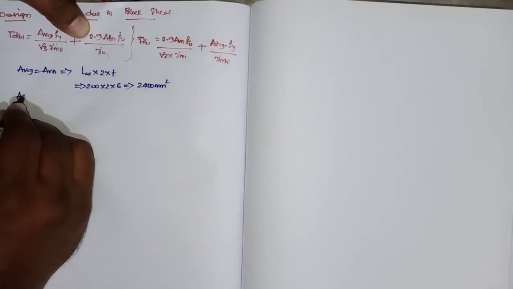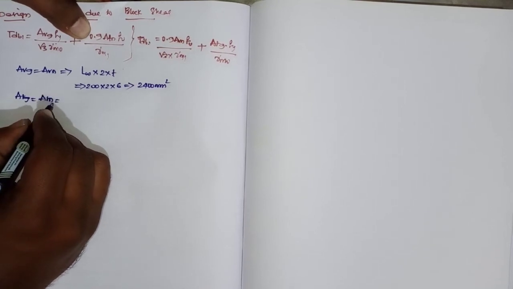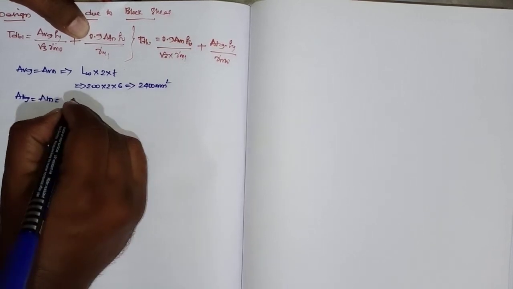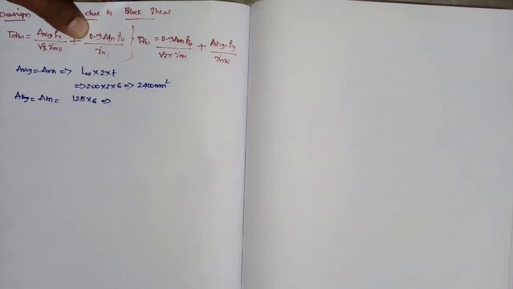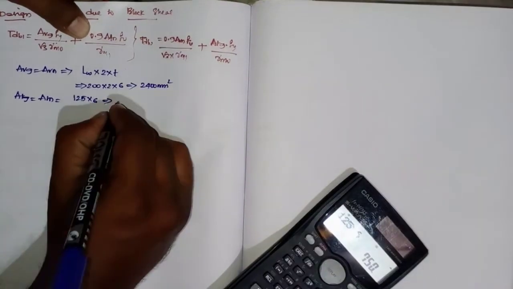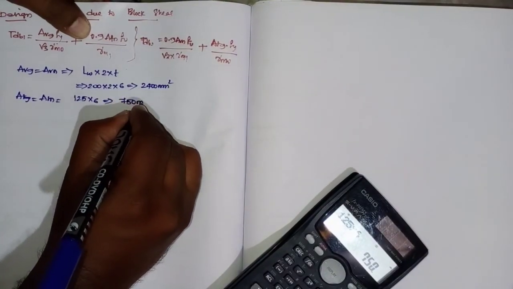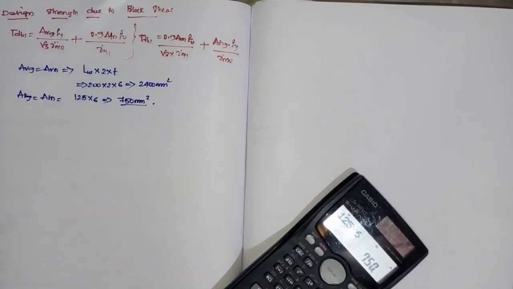Next, area under tension ATG or ATN equals to what? Connected leg length into thickness, so it will be around 125 into 6, it is 750 mm square. Everything I know, I can substitute here in the TDB1.